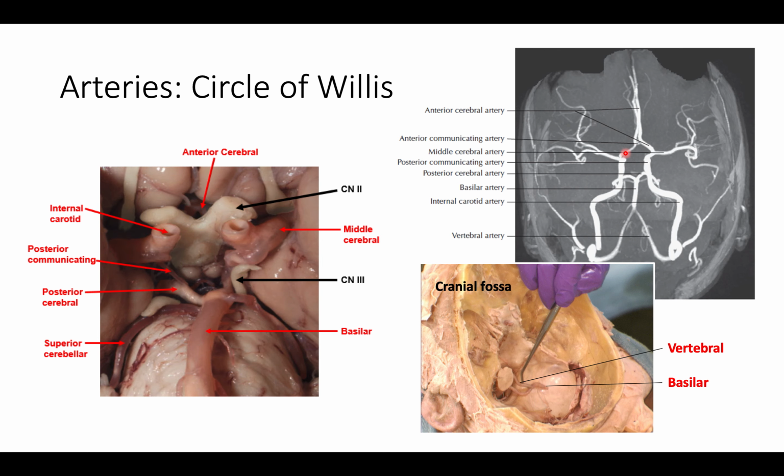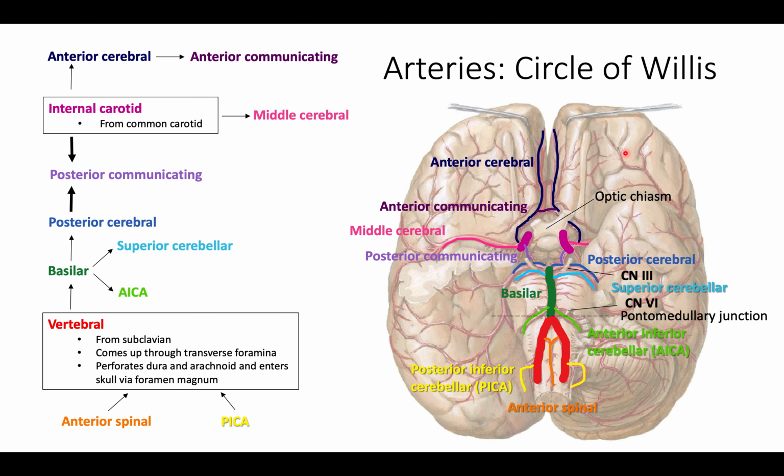One thing that I did not mention, so I'll go back real quick, is the relationship between cranial nerve 3 and cranial nerve 6. As you can tell, cranial nerve 3 is very close to posterior cerebral and superior cerebellar. So it's going in between these.